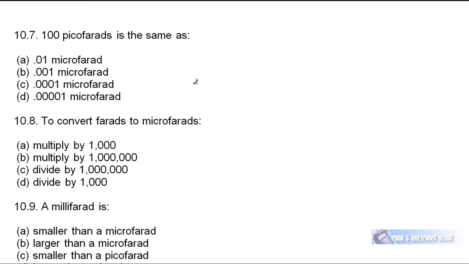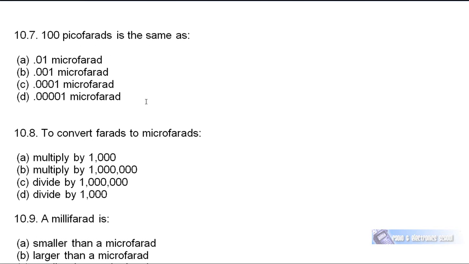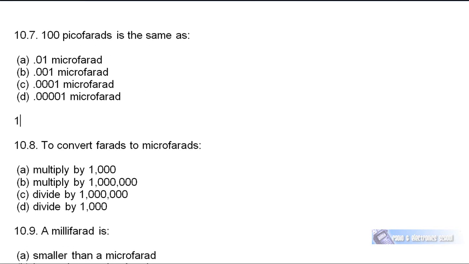Question 10.7. 100 picofarads is the same as, we've got to convert picofarads to microfarads. So we need, a pico is 1,000,000 times smaller than a micro, so we need to divide 100 picofarads by 1,000,000. So let's write 100, and now let's divide that by 1,000,000 by moving the decimal place 6 places to the left.